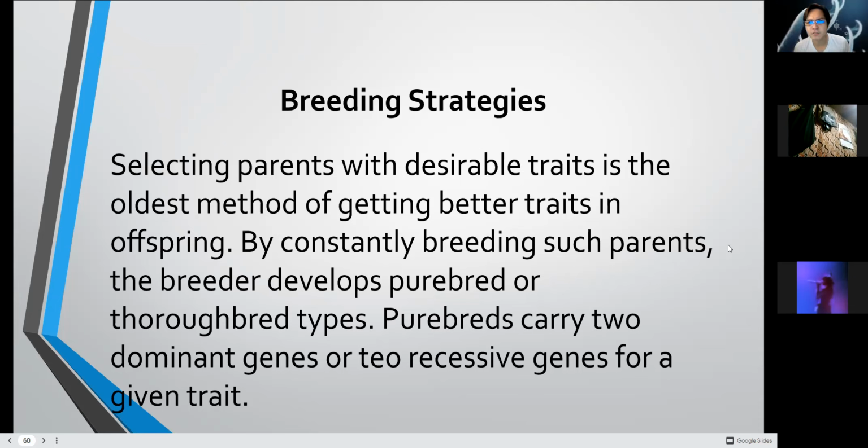Selecting parents with desirable traits is the oldest method of getting better traits in offspring. By constantly breeding such parents, the breeder develops a pure breed or thoroughbred types. This is also controlled by a card. If you have a pure breed dog, you will have a PCCI card, the license.